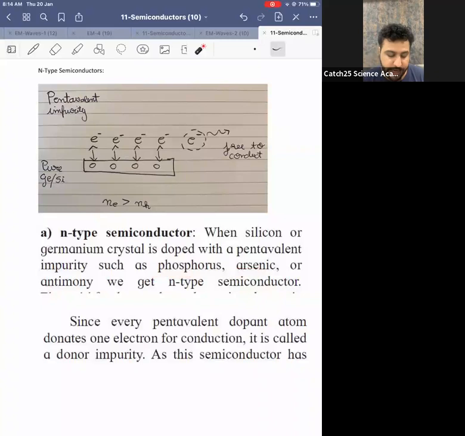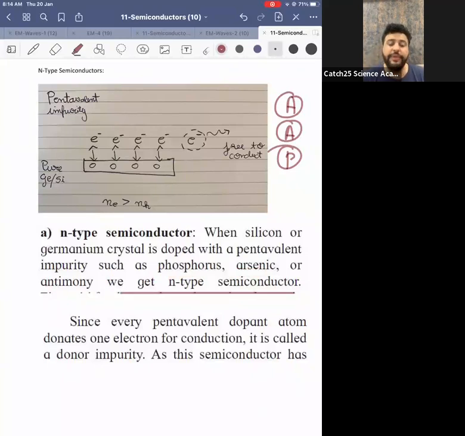You can remember that with the code word AAP: arsenic, antimony, phosphorus. It is very important to know the impurities. We get N-type semiconductor. Therefore, if they ask in the exam to name some pentavalent impurity, you know it is arsenic, antimony, and phosphorus.